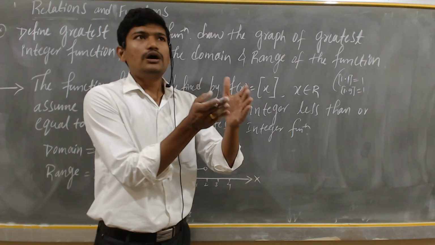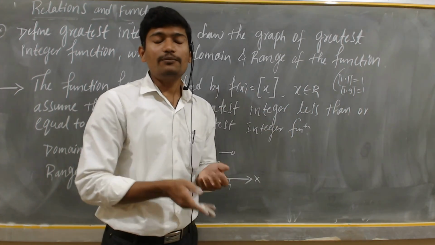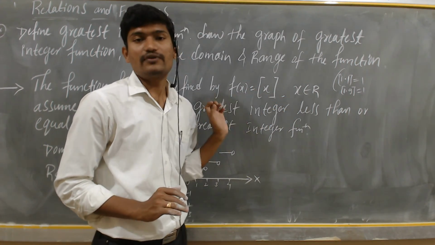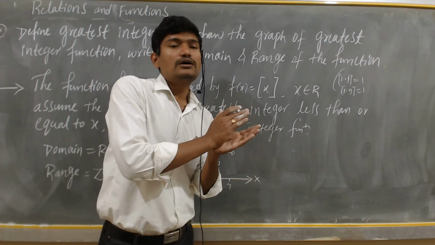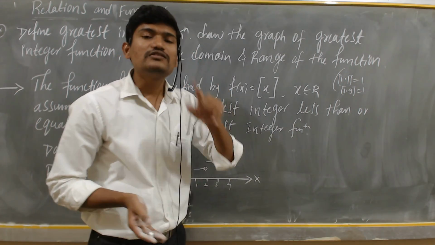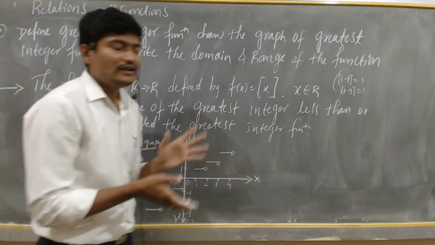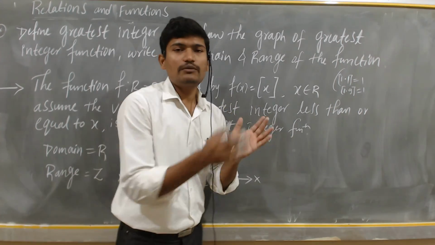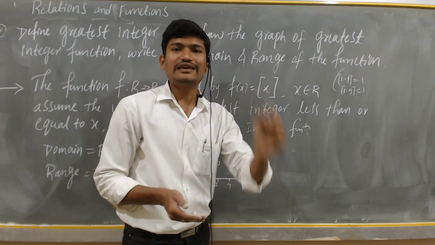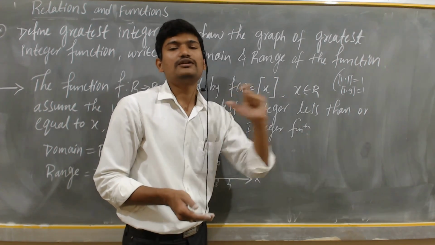For example, 5.9, we consider 5 only with the help of a step of x. Suppose 6.7 is there, we will consider 6 only. So whatever decimal numbers are there, we do not consider that. In step of x we will take only the perfect value, the perfect number only.